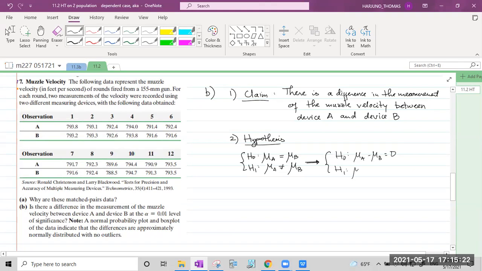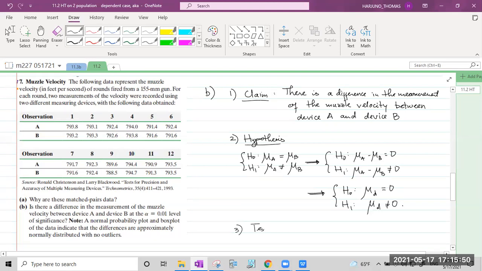Alternate hypothesis, mu A minus mu B not equal to 0. Now, because they are matched pairs, we can condense that even further. Instead of mu A minus mu B, we call that mu of the differences.